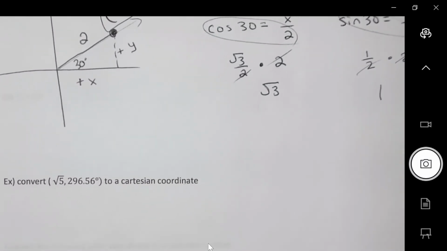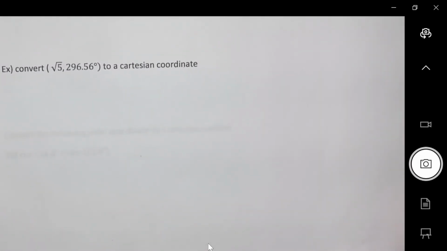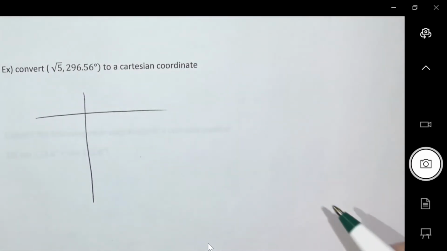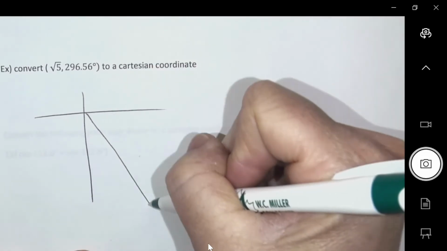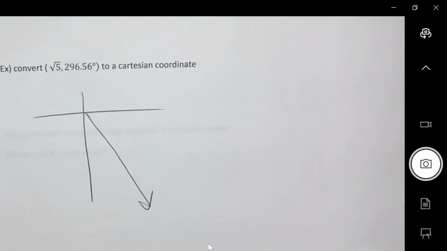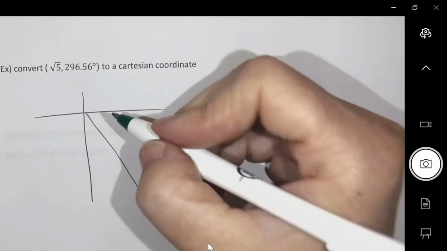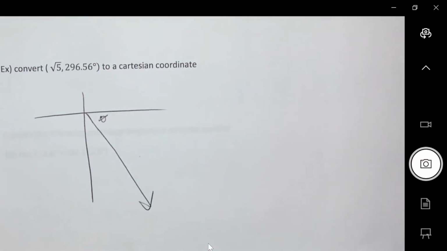Okay, one more of these. So this is a polar because it's an r, comma, degree. So where would we go? We're kind of going down there, right? That's the direction we're heading. Can anybody tell me how to get that angle in there?